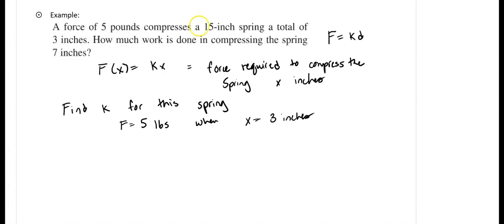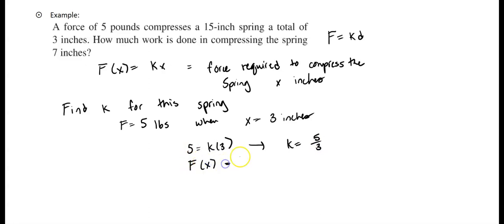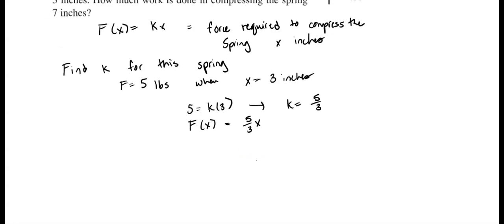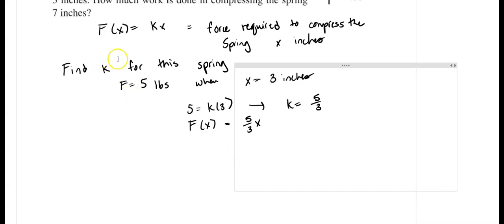So based on this, I know that 5 is equal to K times 3. And if I solve that for K, I get K equals 5/3. So that tells me that for this particular spring, F of X is equal to 5/3 X. Now we want to know how much work is done in compressing the spring 7 inches.